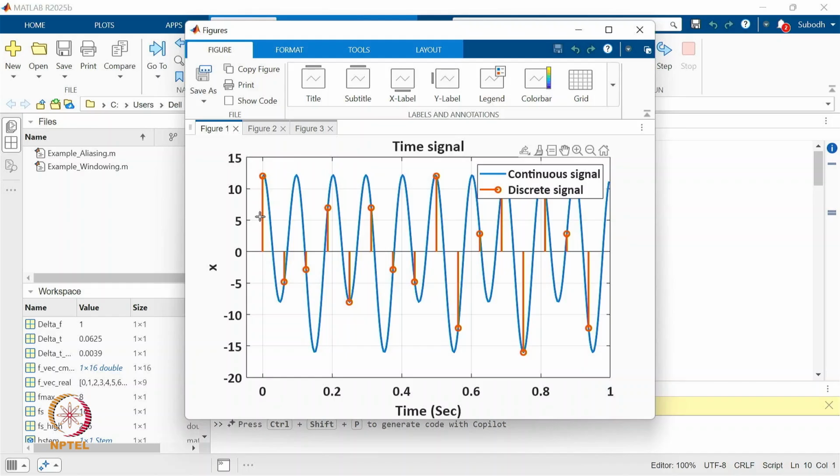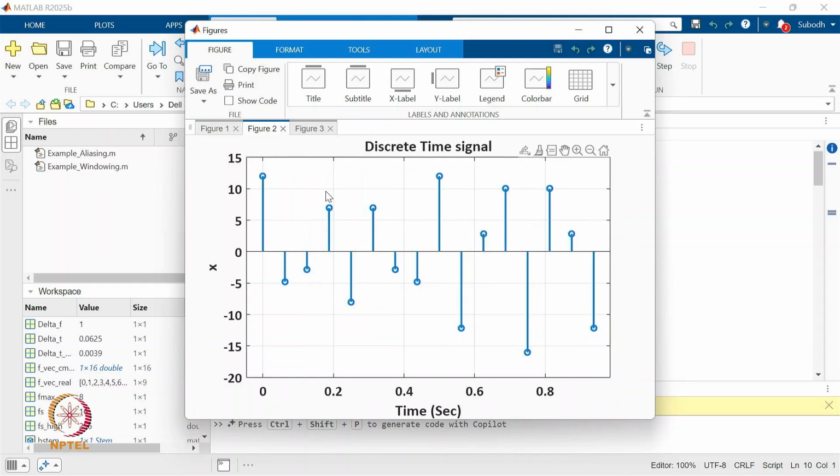The blue one is the continuous signal, and the signal shown by the red stems is the discrete signal, sampled at 16 hertz. This is the data which is there with us, and we are processing this data to obtain the single sided DFT. So now I am going to show you the single sided DFT which is obtained from this discrete signal.